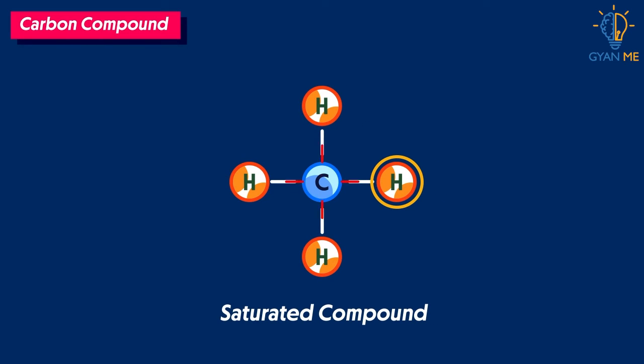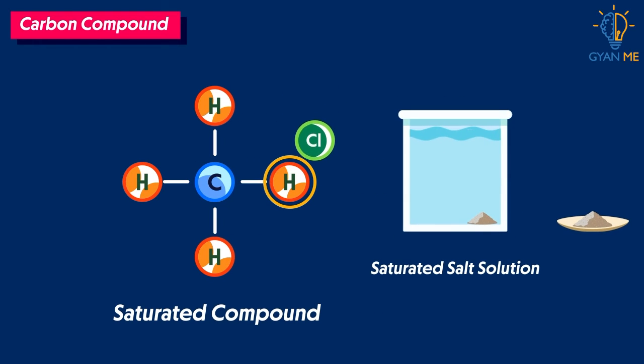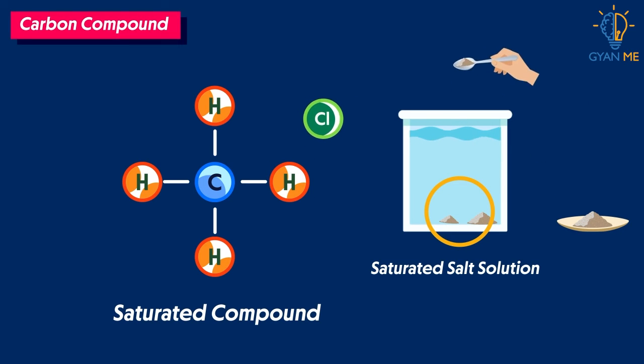Since carbon here has reached its maximum capacity of bonding, new atoms cannot be added to the compound. Simply like in the case of salt solution, no more salt got dissolved, and we were not able to dissolve any more salt.